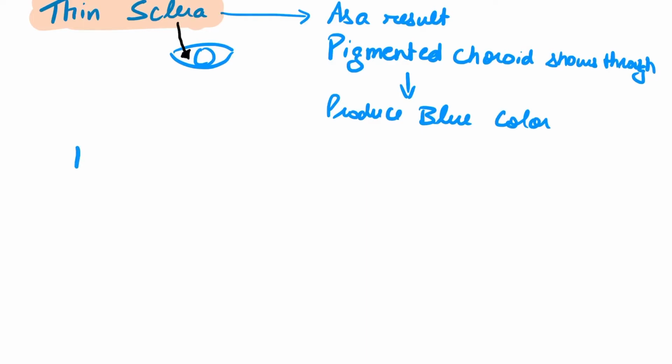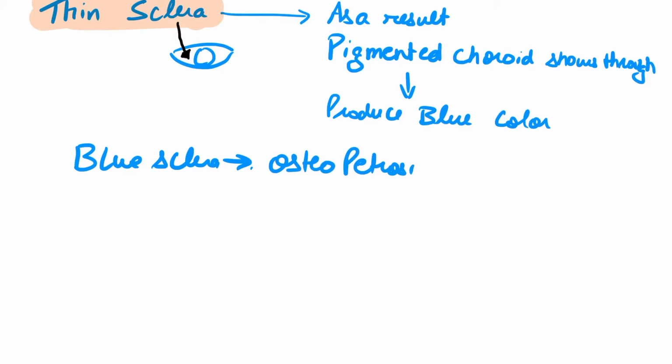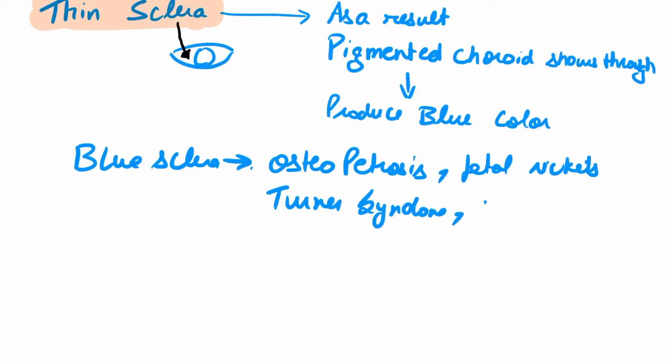Now this blue sclera is also seen in osteopetrosis. You need to remember these, they are very important: fetal rickets, Turner syndrome, Paget's disease, and Marfan syndrome, which is very, very important.